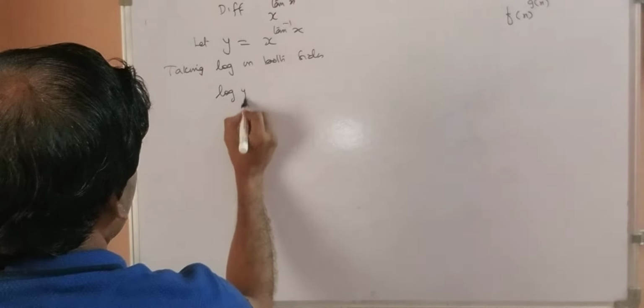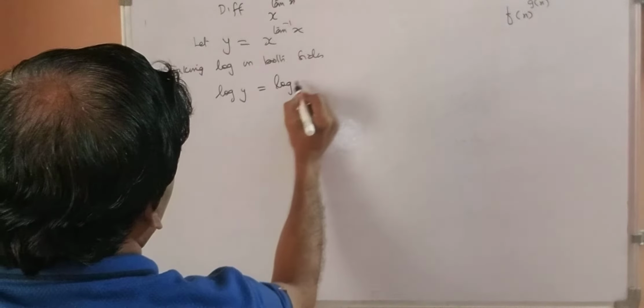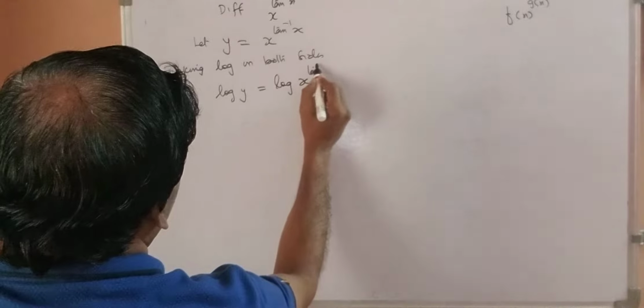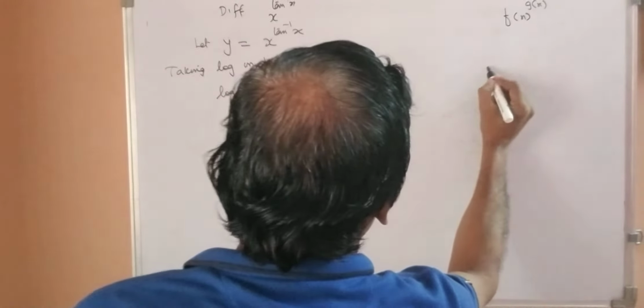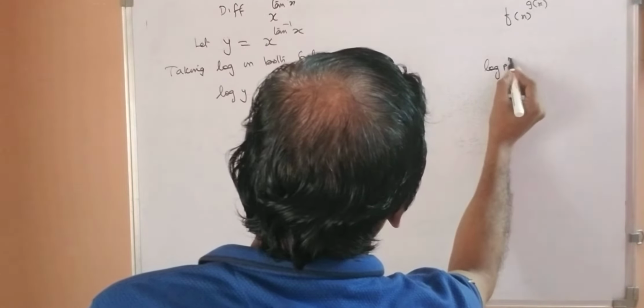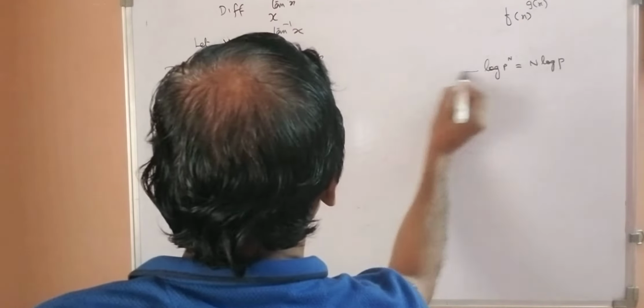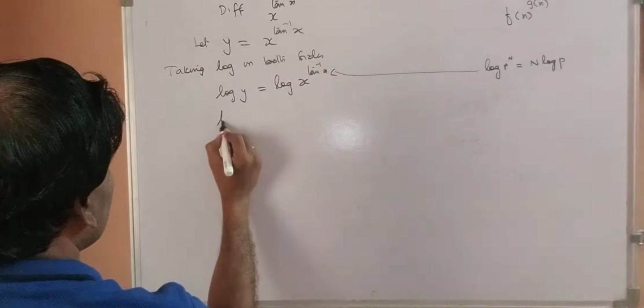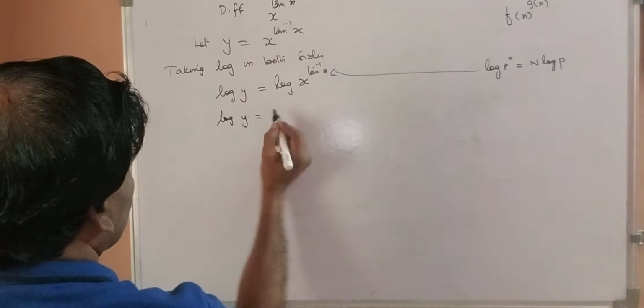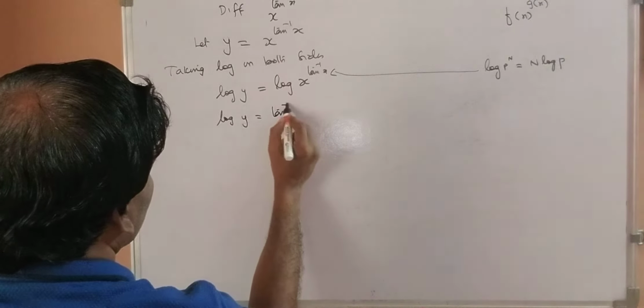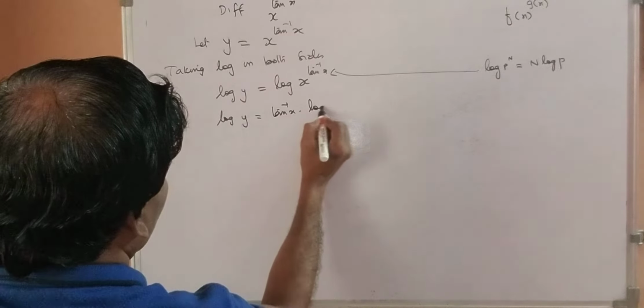Log of the left hand side equals log of the right hand side. Again I told you, log p raised to n equals n log p. We will be using it. So log y equals tan inverse of x into log x.